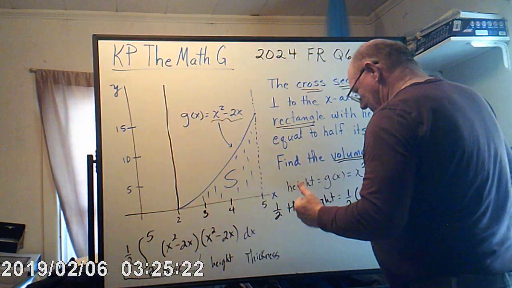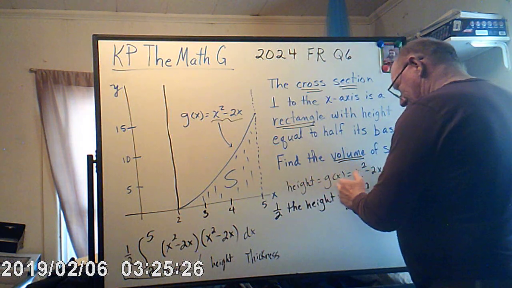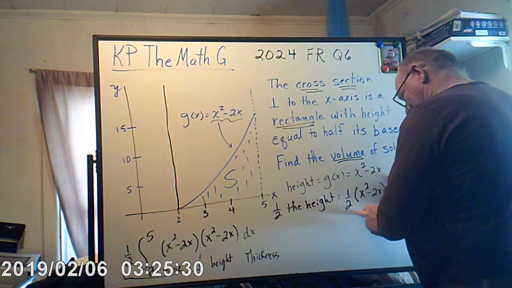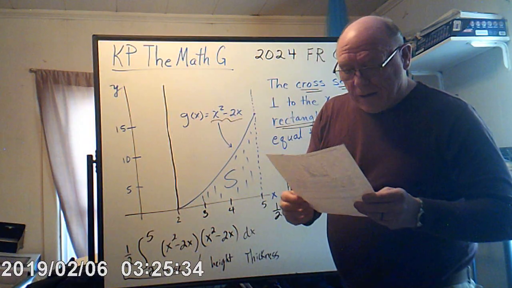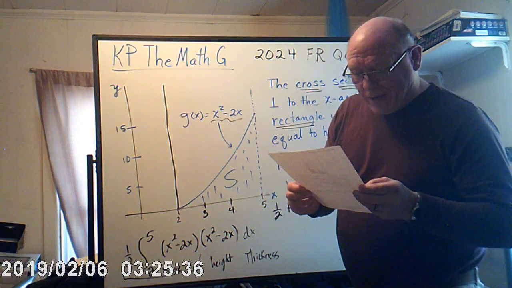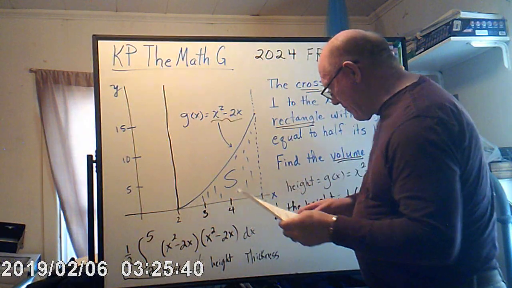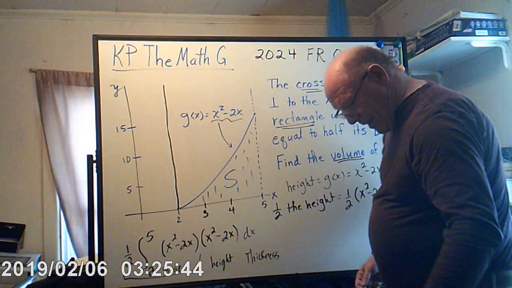And again, the height is this. The base is 1/2 the height, isn't it? I believe that's the way it reads. Yeah, the height is 1/2 its base. The height doesn't matter, the height is 1/2 the base.